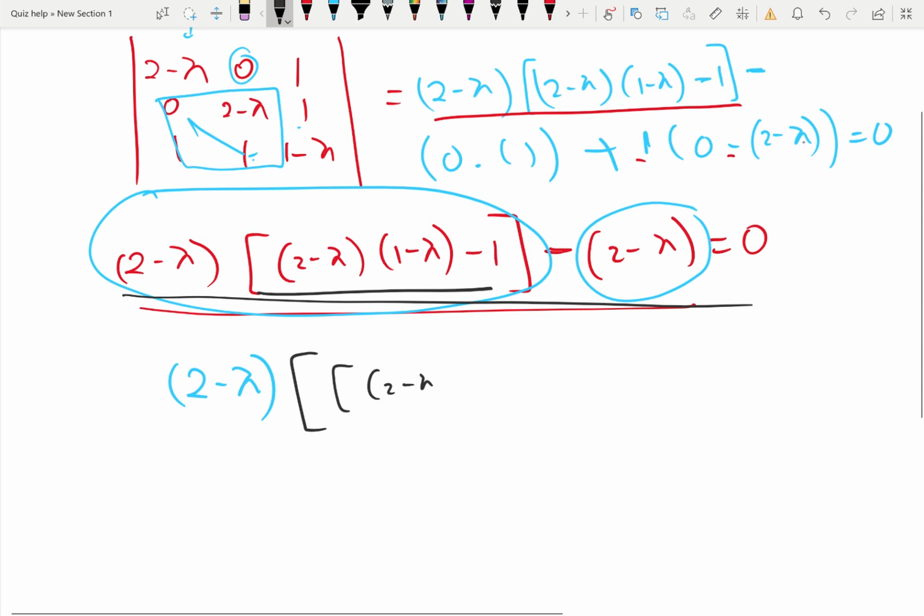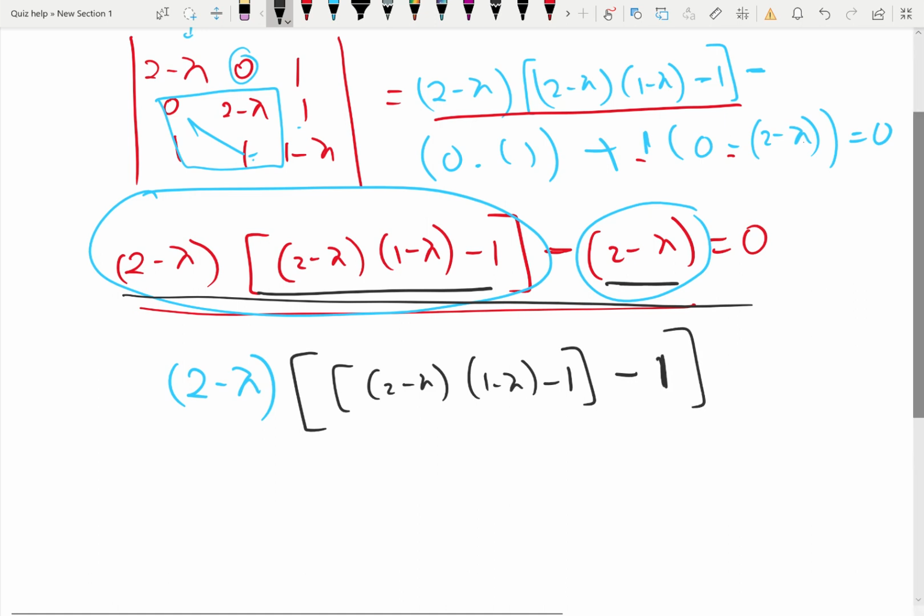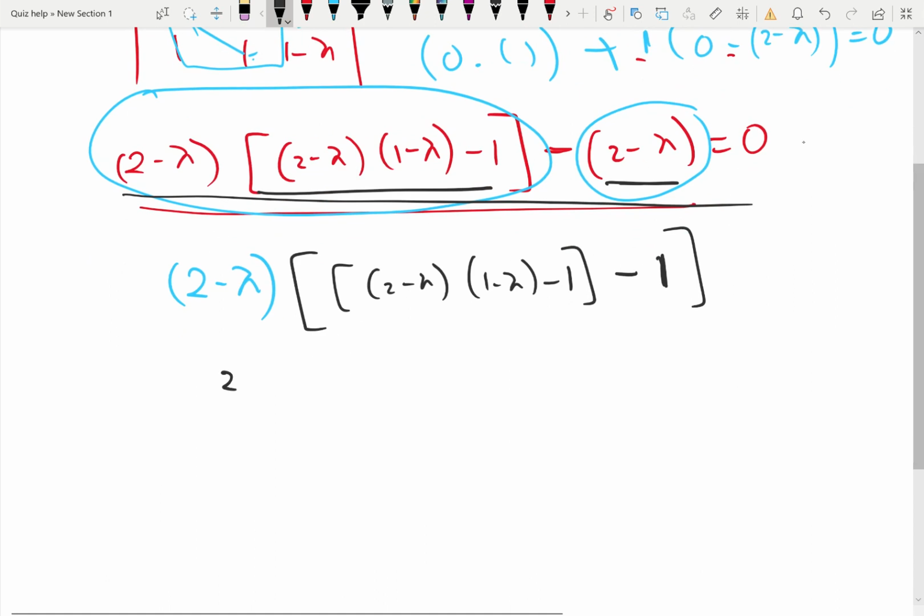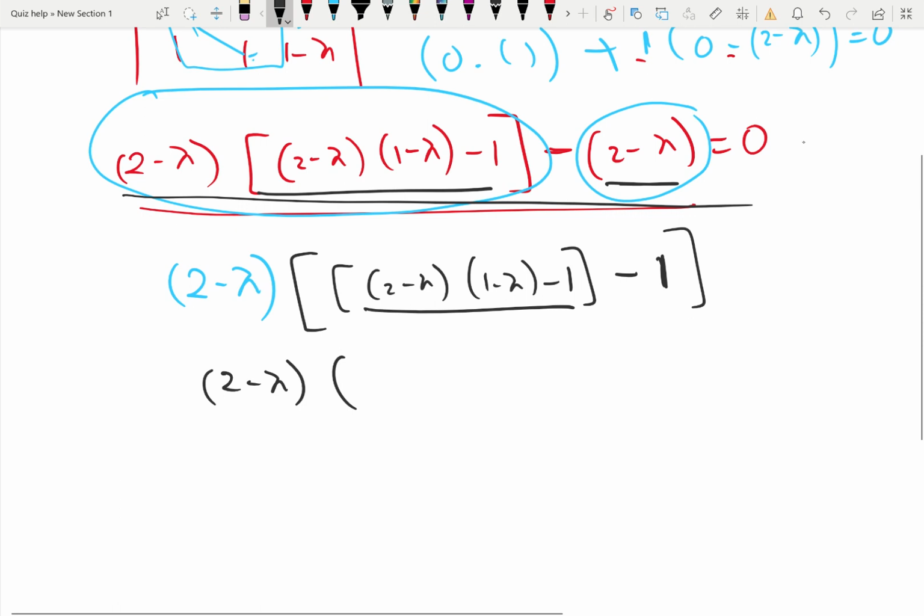from this term what is left is (2 minus lambda)(1 minus lambda) minus 1, minus, here you took out a 2 minus lambda, so it's minus 1 here. So let's simplify. Anyway, we have to expand this, so let's multiply this out. So 2 times 1 is 2, minus 2 lambda, minus lambda, plus lambda squared, minus 1 is equal to 0.